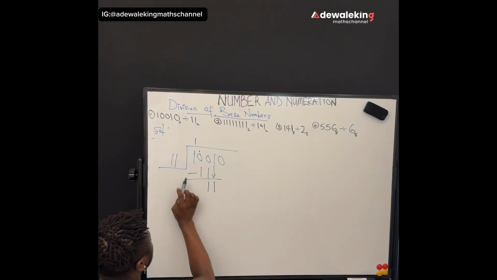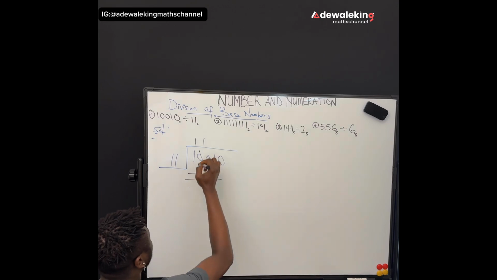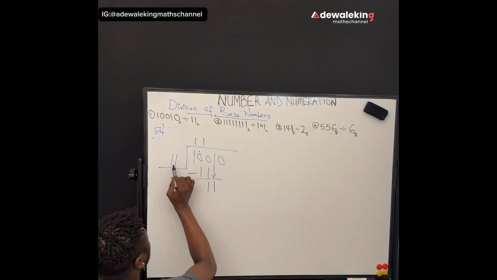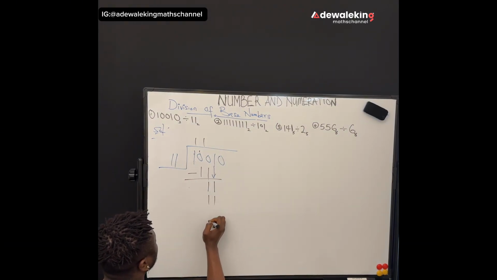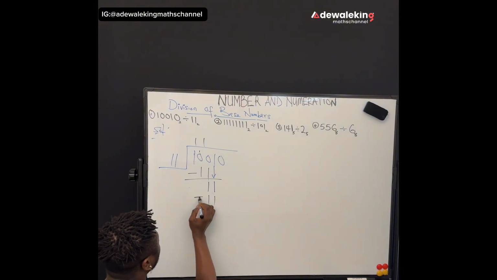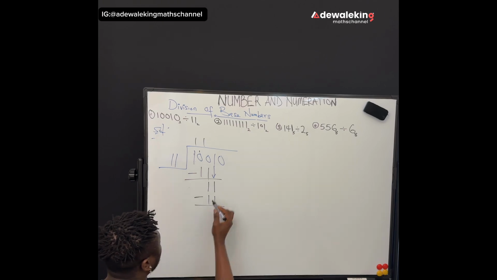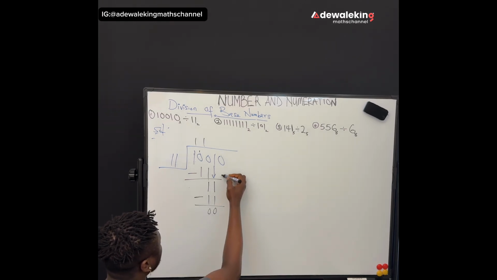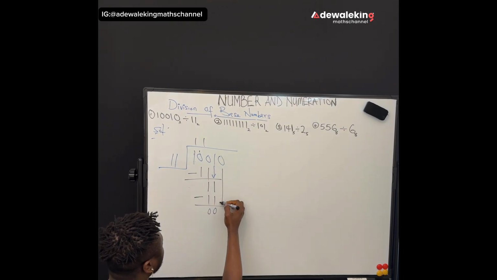So 1, 1 divided by 1, 1 will give us 1. 1 times 1, 1 will give us 1, 1. You take another subtraction, and this will give us 0, 0. You bring this down as 0.